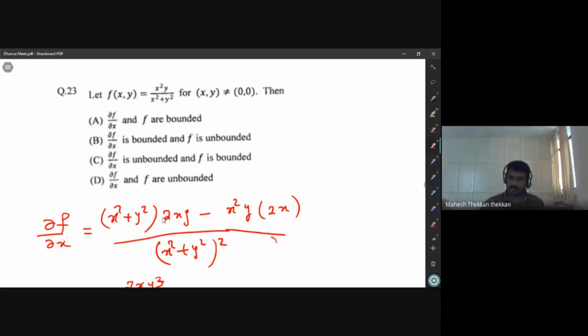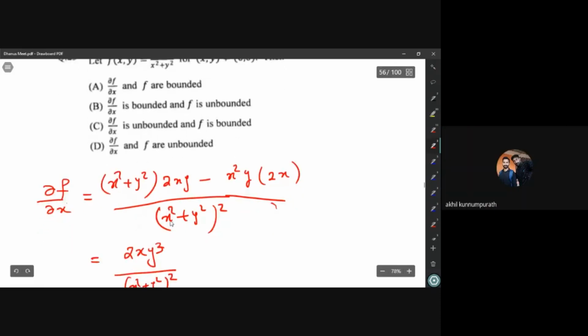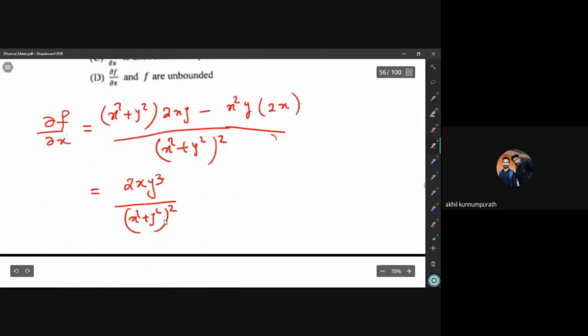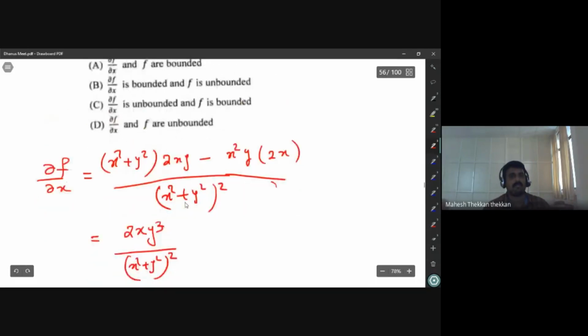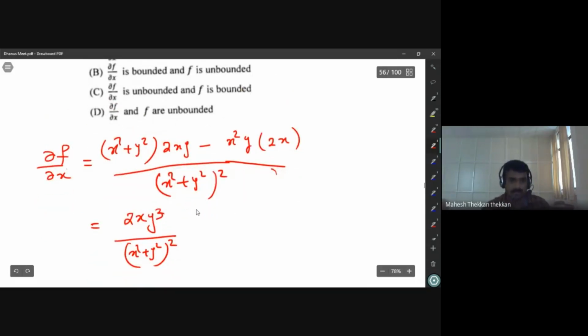Yes. Okay, sorry, any mistake happened? Okay, then what can you say about the boundedness? Okay, it's fine. So this is the derivative you will get.